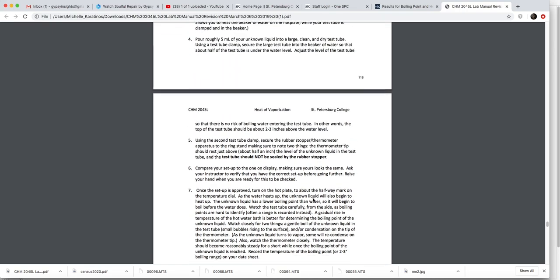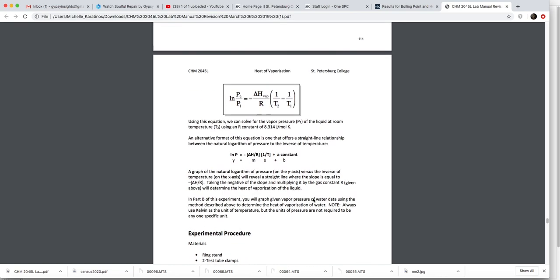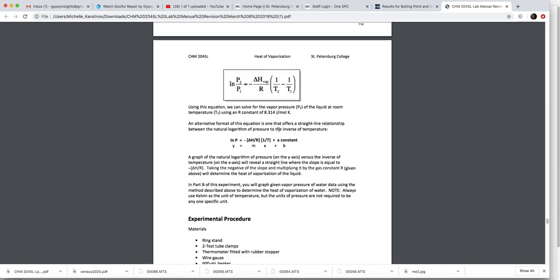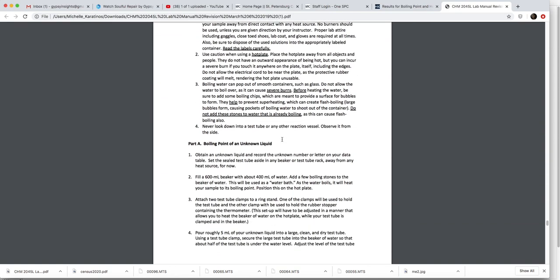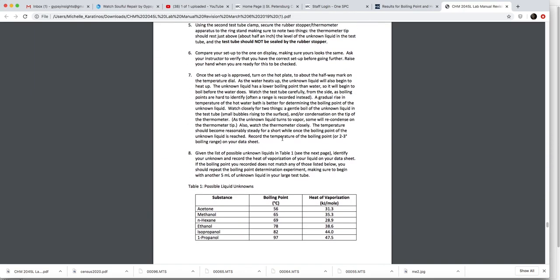Now the R value that you're going to use is going to be 8.314 joules per mole per Kelvin. And that's going to be important as well with the units. But let's go back here and get the delta H vap, and you can see that it's going to be 47.5 kilojoules per mole.